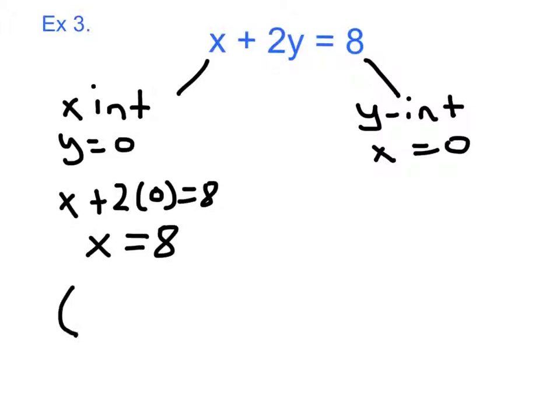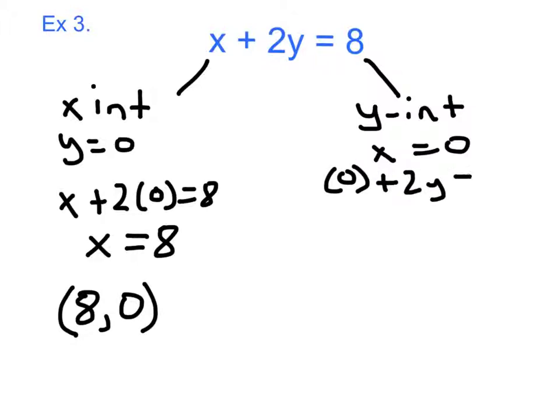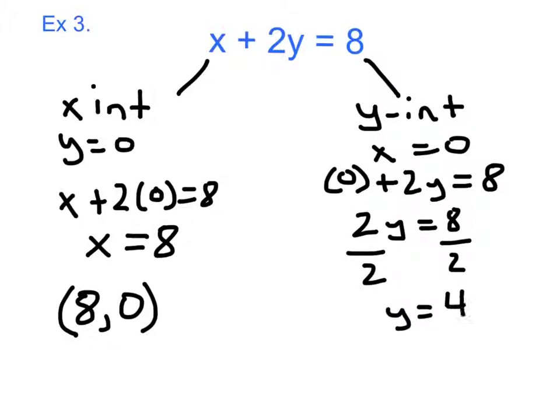So that means our ordered pair is 8, comma, 0. Then on the other side, so if we plug in 0 for x, 0 plus 2y equals 8. So 2y equals 8. Divide both sides by 2. And y equals 4. So that means the ordered pair is 0, comma 4.